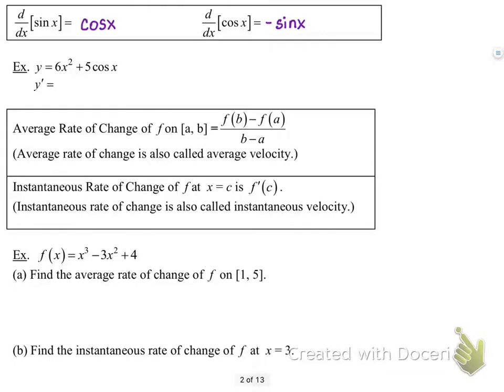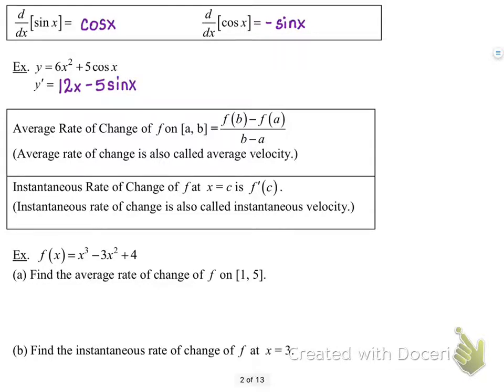Notice the sign changes when you take the derivative of cosine. That is important. Next up, the derivative of 6x squared plus 5 cosine x is 12x minus 5 sine x.